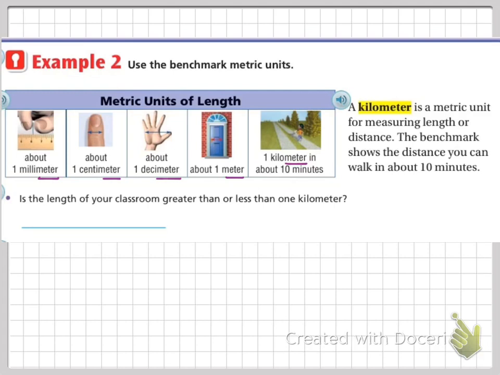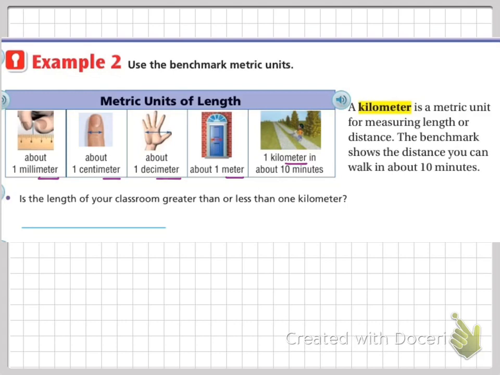Centimeter is about the width of your finger. A decimeter is about the width from your thumb to the other side of your hand. A meter is about the width of an average sized door. And a kilometer is about how much you can walk in about 10 minutes. So again, these are just kind of ways to get you thinking about how big or small these sizes are.